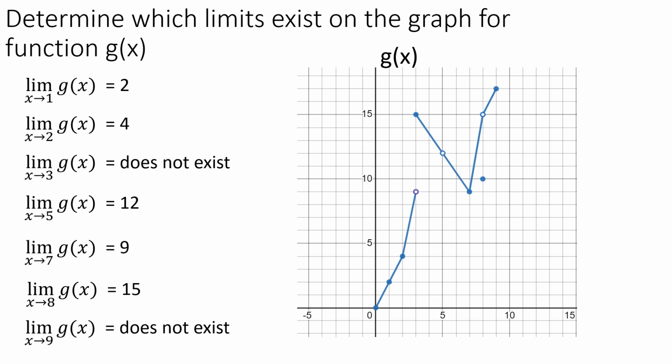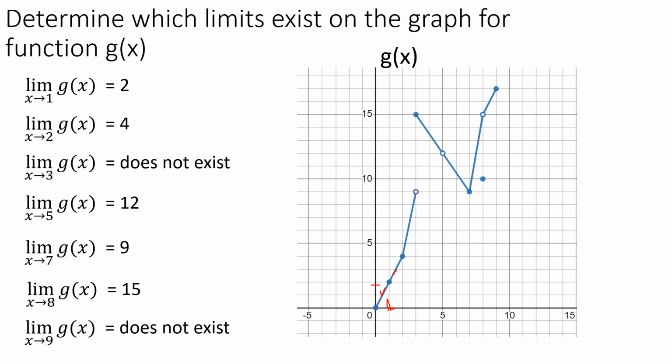Now I want to go through this. Let's determine which limits exist on the graph of the function f of x. I'll go through each one of them. X approaching 1, well, that would be 2. It's approaching 2 from both ends.